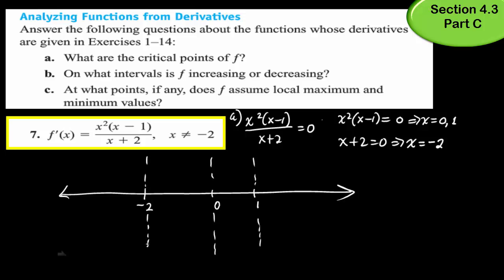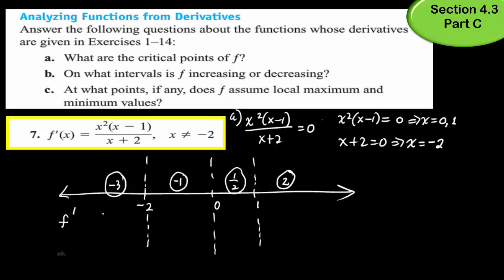Take our test points or test numbers: -3, test -1, test 1/2, and then 2. Take the sign of the first derivative by plugging in -3 here.